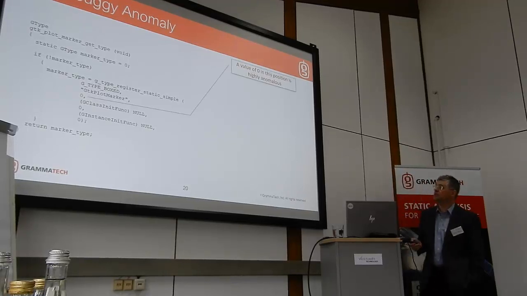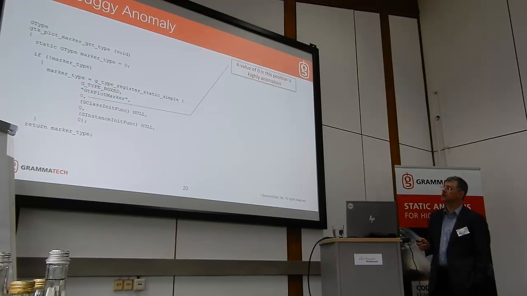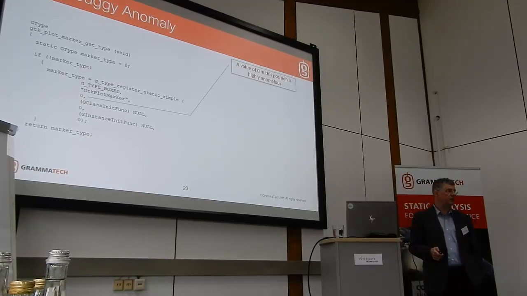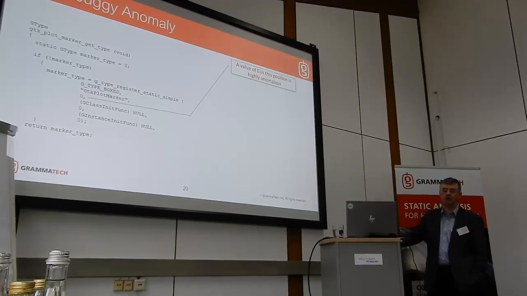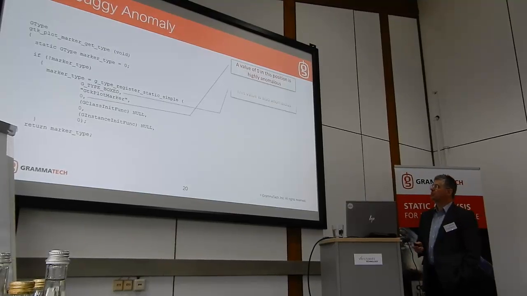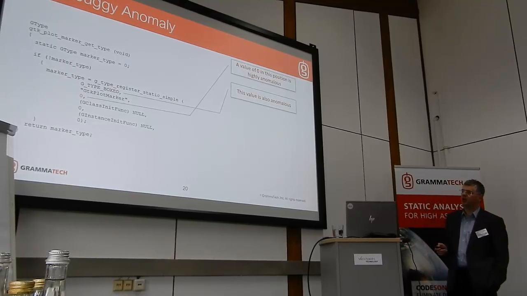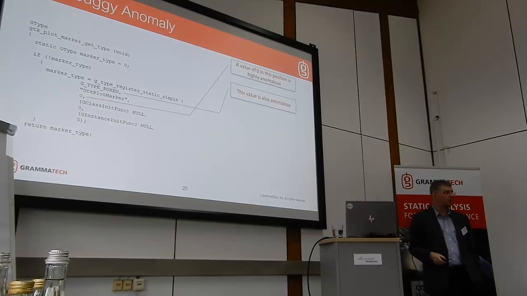Having done this analysis, we've noticed that for gtype register static simple, a value of 0 in that position is very anomalous. That occurred very, very rarely in the corpus. But furthermore, this value, gtype box, which is a macro that expands to some constant, is also anomalous.